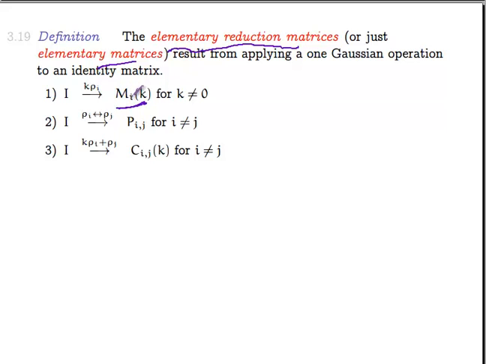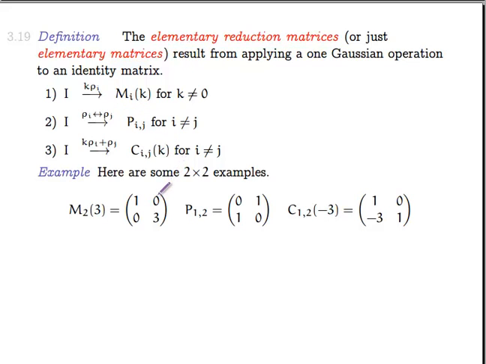And I have to specify the subscript i because this will be different for each different row i. If I apply a row exchange to the identity matrix, then I call that an elementary matrix of type P. If I add a multiple of one row to another row, I call this an elementary matrix of type C.